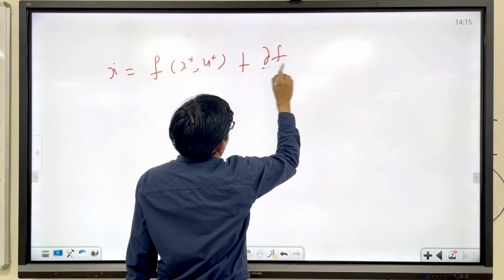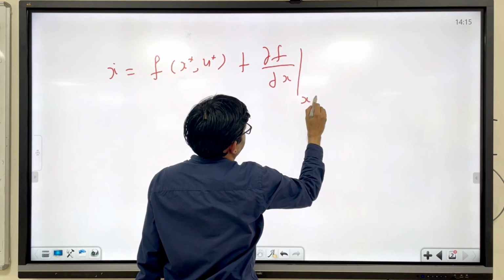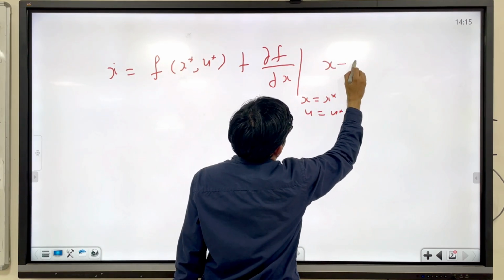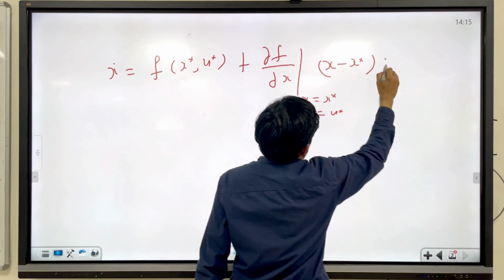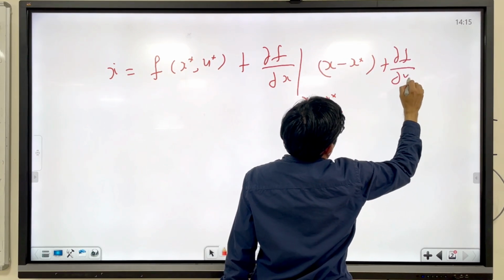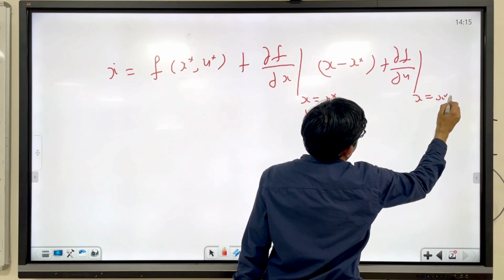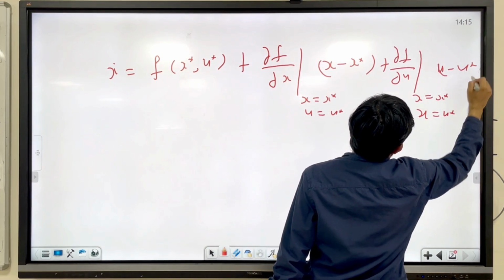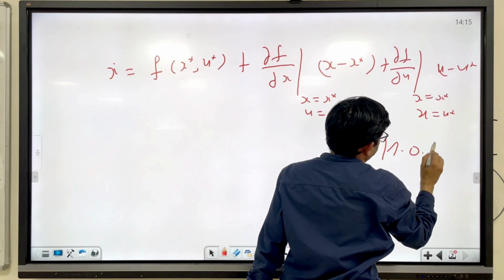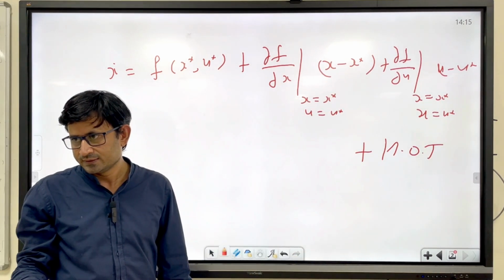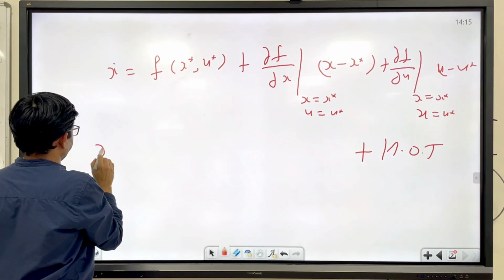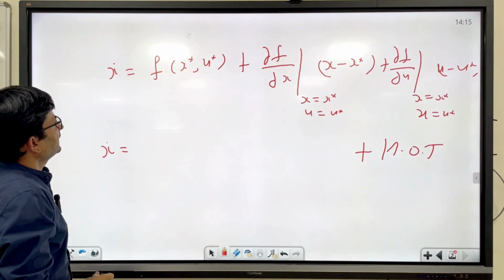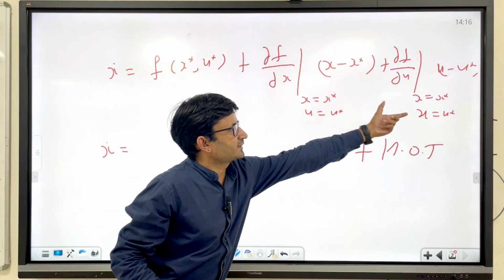And dou f by dou x evaluated at x star and u star, into x minus x star, plus dou f by dou u evaluated at x equal to x star and u equal to u star, into u minus u star, plus higher order terms which we will neglect. Okay. So now, after neglecting the higher order terms, this can be written as this term and this term only.